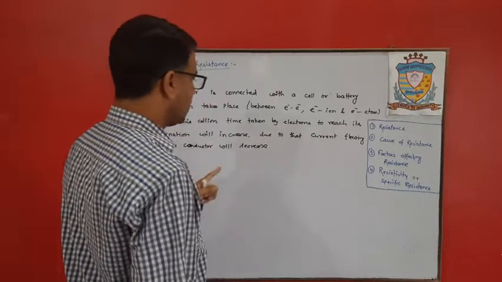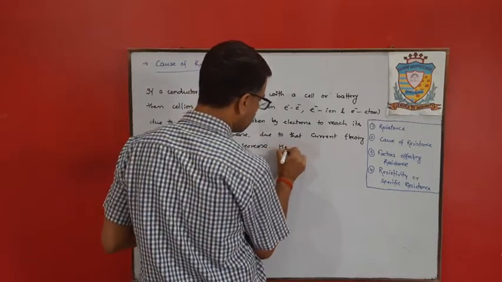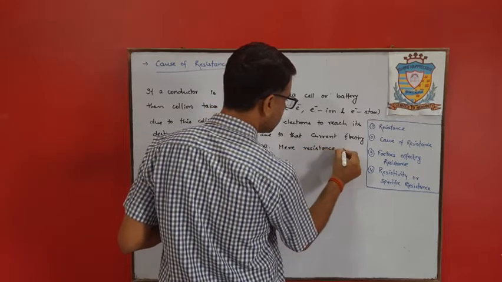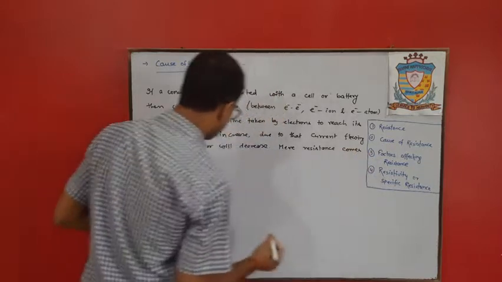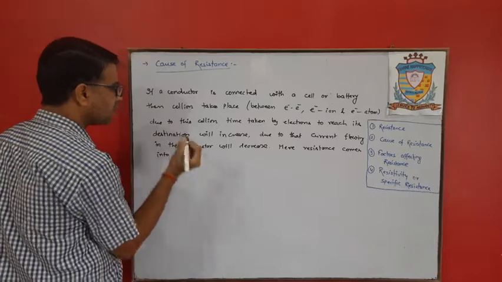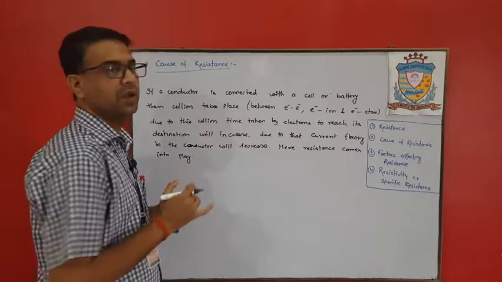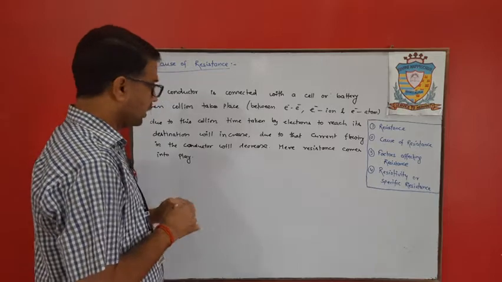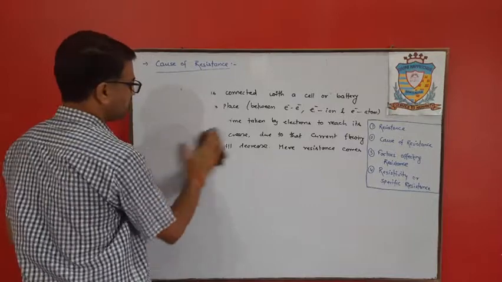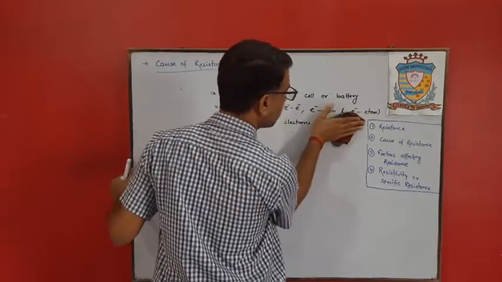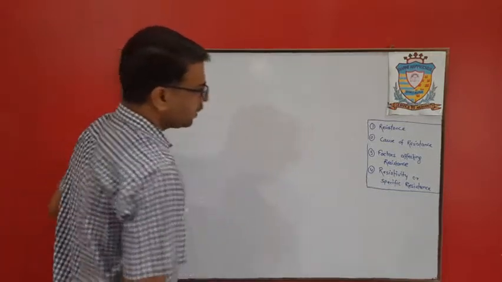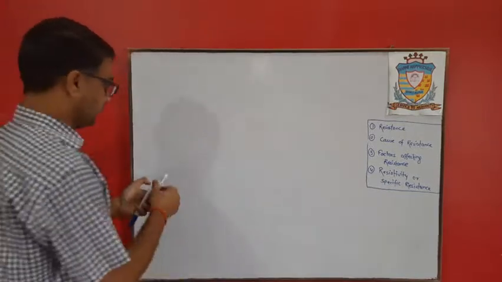Here resistance comes into play. Clear? So this is the cause of resistance. Clear? Next, third is factors affecting the resistance.